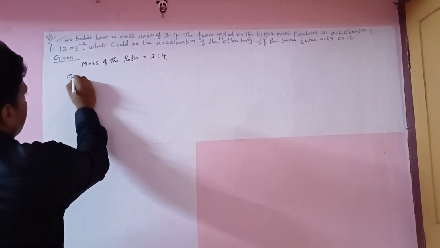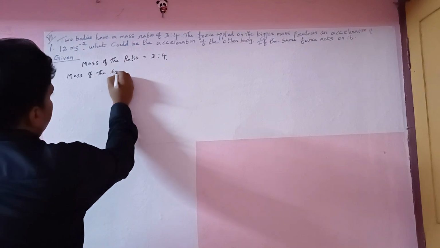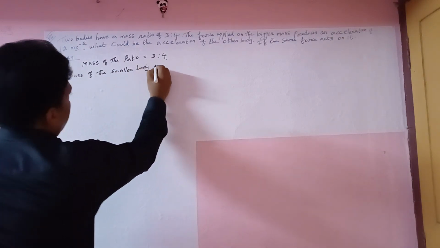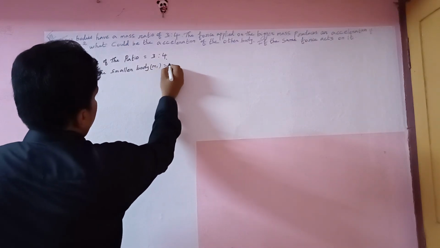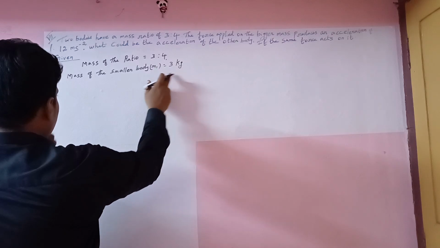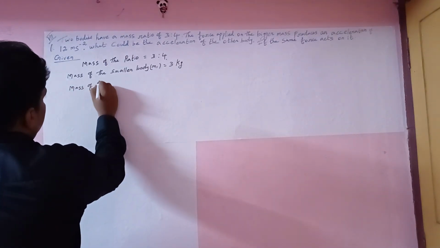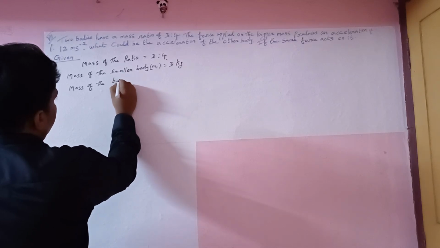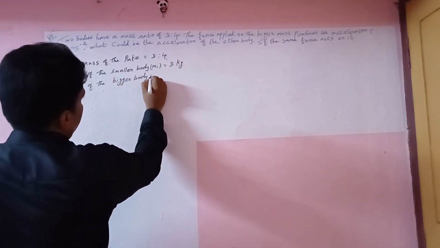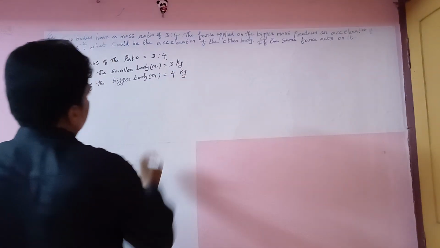The mass of the smaller body, m1 equal to 3 kilogram, because the SI unit of mass is kilogram. Next, the mass of the bigger body, m2 equal to 4 kilogram.